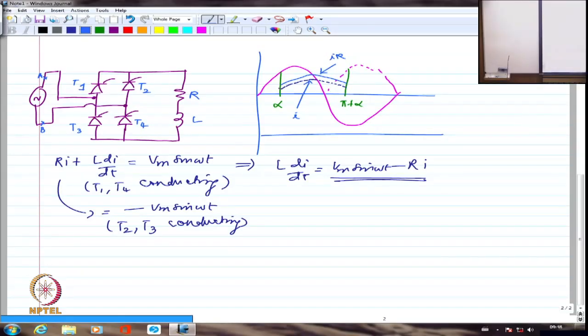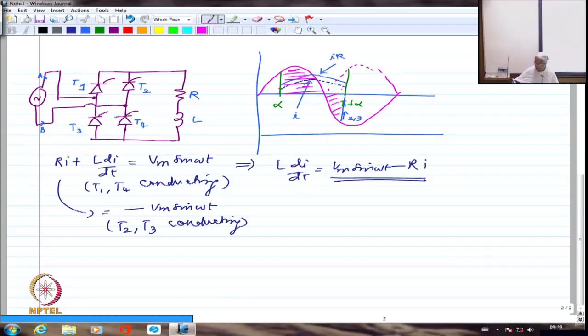Right? Now, at this point I am firing 2 and 3. So until now Vm sin omega t was directly connected as it is. So I am going to have this entire voltage coming up as the load voltage on the whole.